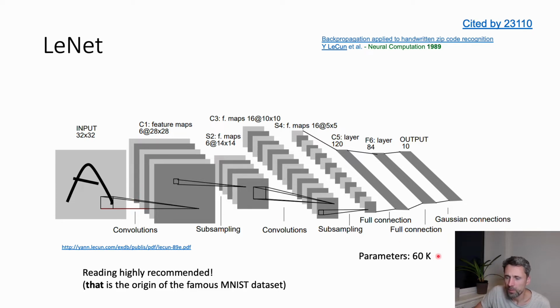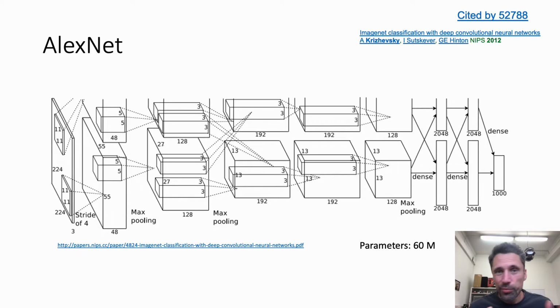It had 60,000 parameters, so it's a pretty small network. But I mean, those inputs were 32 by 32 pixel digits, so that's for that time already something. 23 years later, AlexNet was proposed by Alex Krizhevsky and also two famous people, Ilya Sutskever and Geoffrey Hinton.